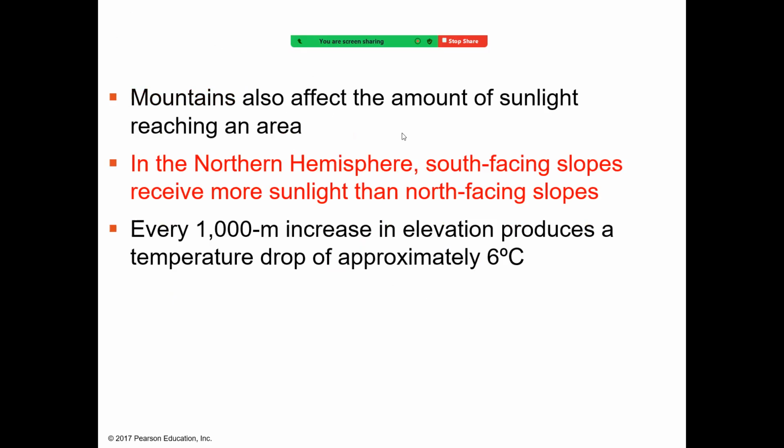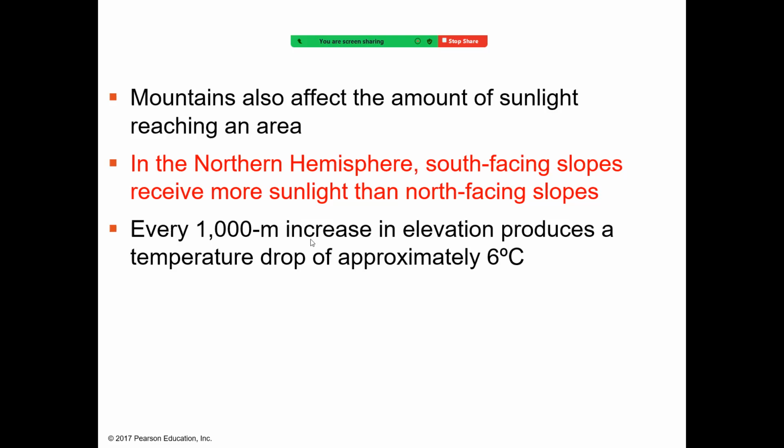Mountains also do affect the amount of sunlight that reaches an area, which makes sense. So in the northern hemisphere, our south-facing slopes receive more sunlight than the north-facing slopes. And part of this not only is what kind of vegetation can grow in those areas, but also the temperature that we find in the mountainous ranges will change as well.